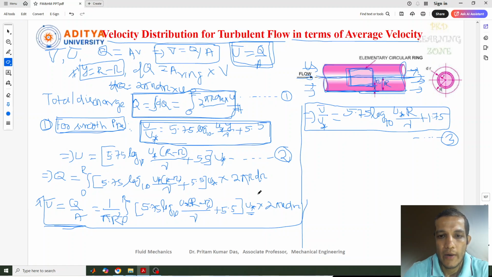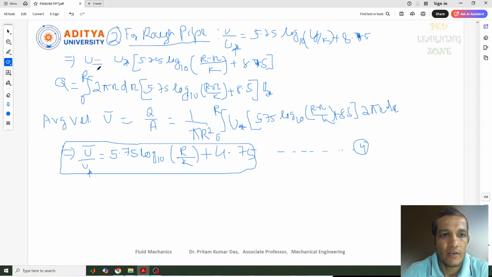We took u star to the left hand side, integrated the remaining terms, and finally got this equation.